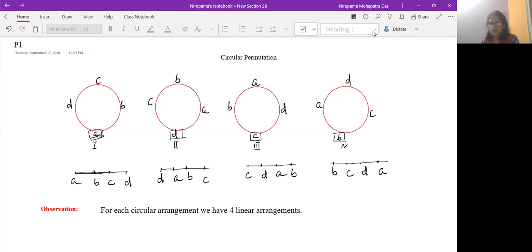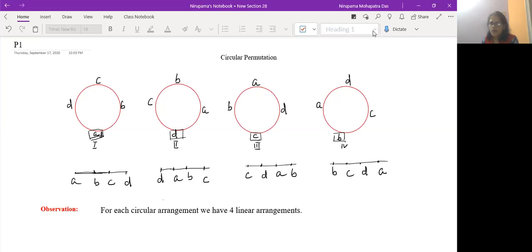But if I compare circular arrangement and linear arrangement, what is the observation? In the circular case, as I said just now, all the arrangements are basically the same, whether you start A from this position or you shift one position in the anti-clockwise direction. After A, the next person is B, next C, next D. In all the figures it is the same arrangement.